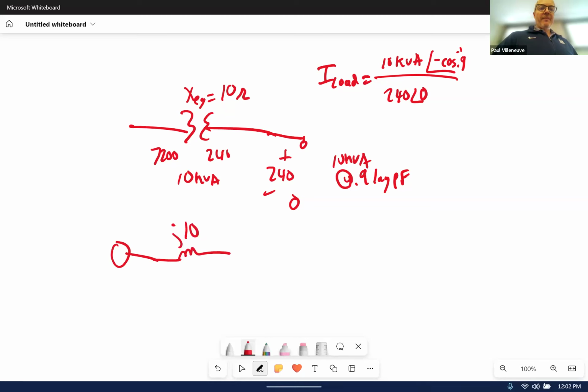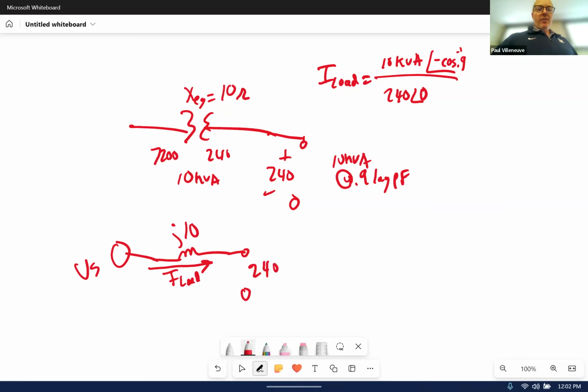This is j10. This is a load that I don't care about. And this here is what my power supply, my current drop is, I load. So now I can calculate the source voltage on the secondary side of the transformer.